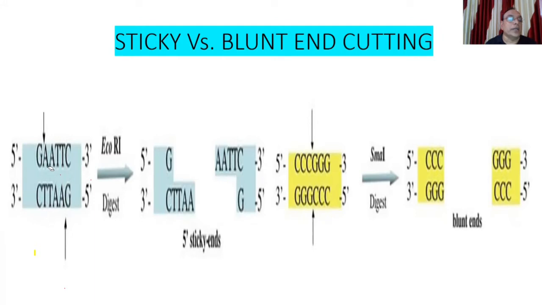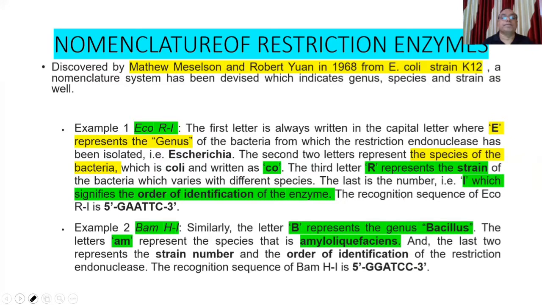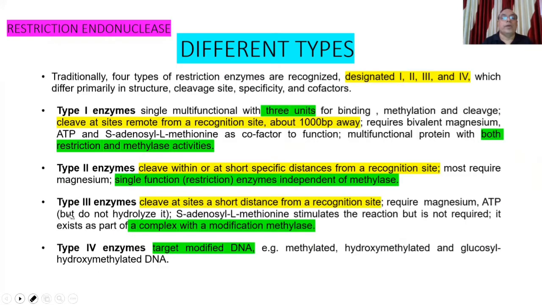So this cutting is not blunt end cutting, but it is a staggered end cutting.